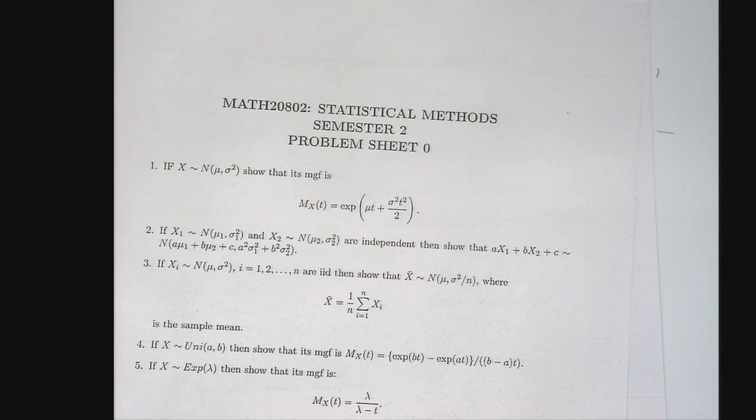Now the MGF of a normal variable is, by definition, the expectation of e^{tX}. So it's the integral of e^{tx} multiplied by the PDF. This is the PDF of the normal distribution, right? So this will become... Yes.